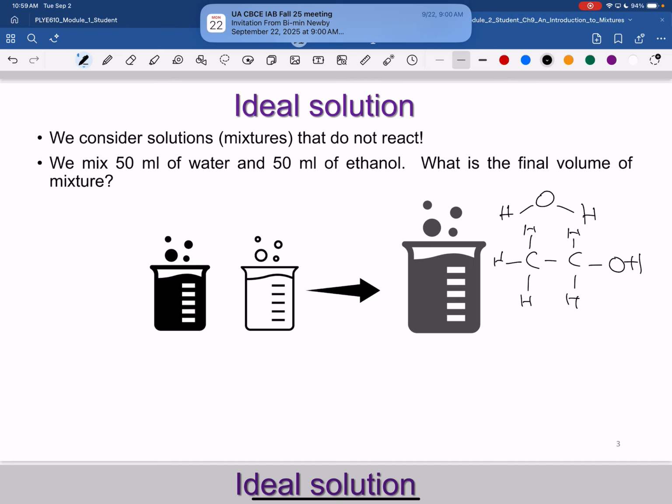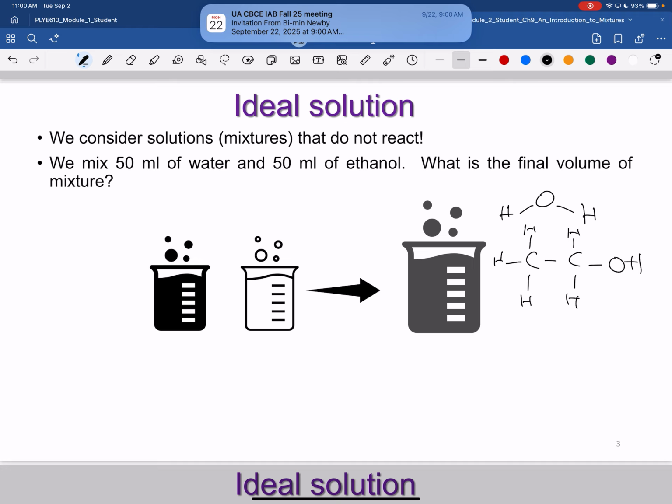So I talked about two things, right? Hydrogen bonding, which comes from the interactions, and packing, which comes from the size and shape. So for molecules that have similar interactions and also similar size or shape, you would expect that the total volume is going to be less than what your intuition says, which is basically to add them up.